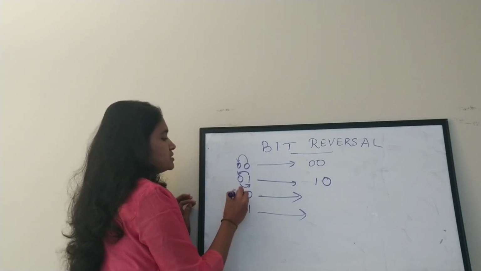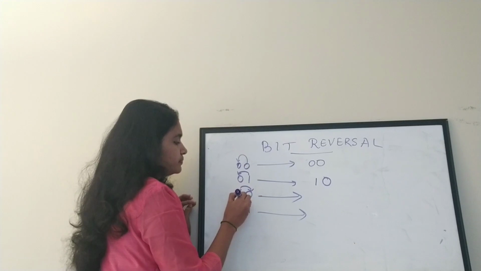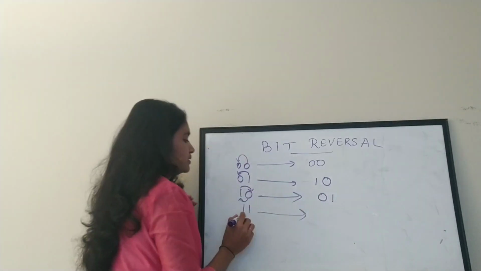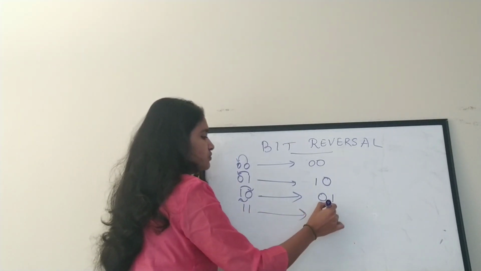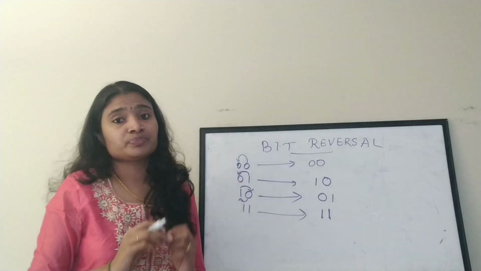For 1 0, if you exchange the positions, 0 will come here, 1 will come here. Again, for 1 1, even if we change the positions, there is no change in the bits or the value.